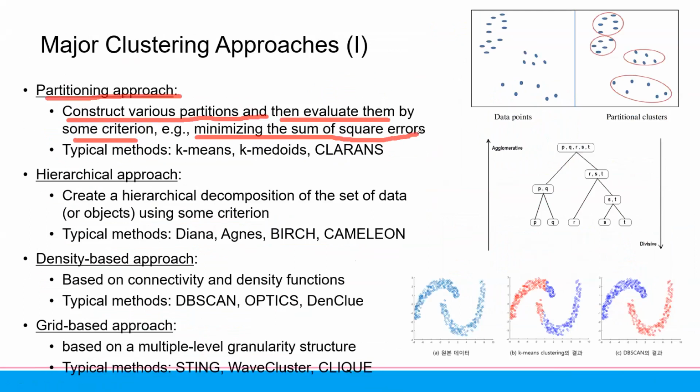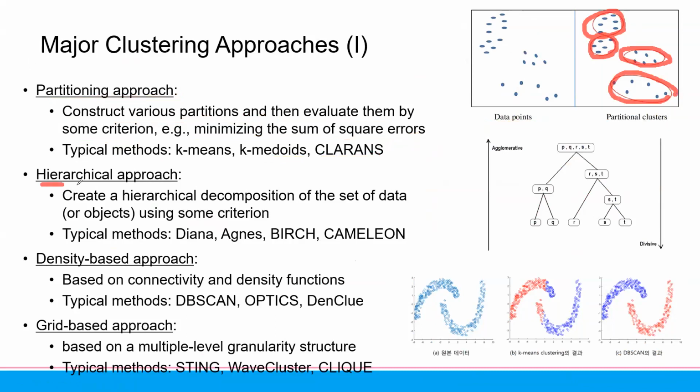We will learn this one: k-means, k-medoids, and so on. If we have the data points, we can do the partition, meaning we see that this one is in one group. This is a partition, this is a partition, this is a partition.